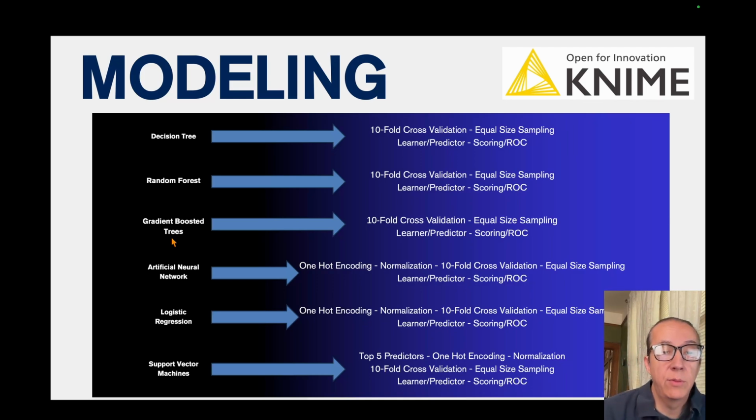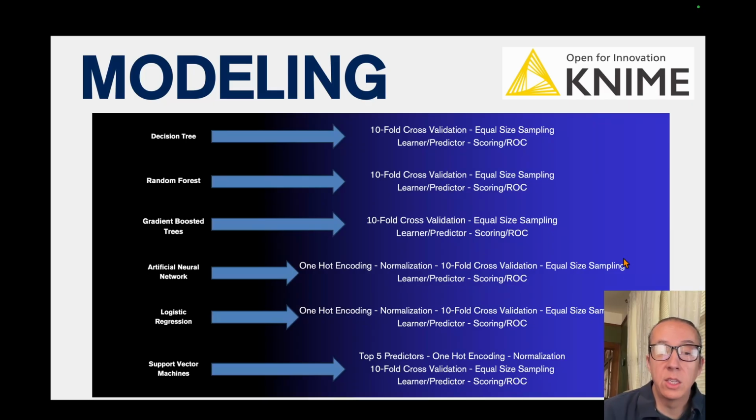The decision tree, random forest, and gradient boosted trees all use the same modeling workflow. There was 10-fold cross-validation, equal size. That was to help partition the data set to create the conditions we needed for it to learn. We did some equal size sampling.